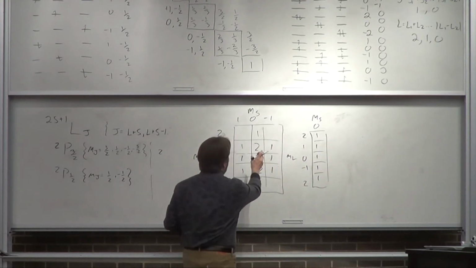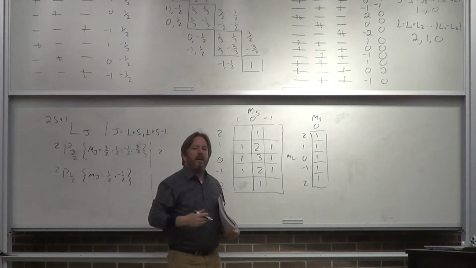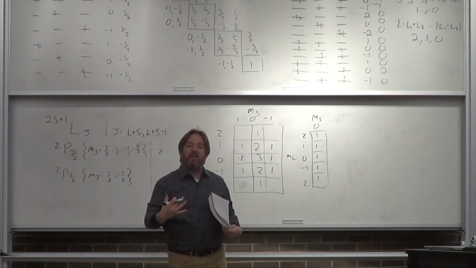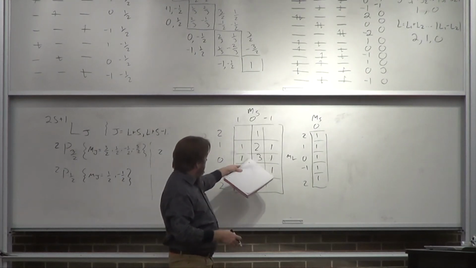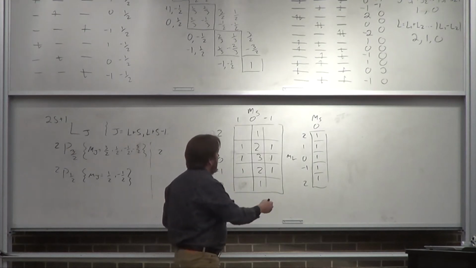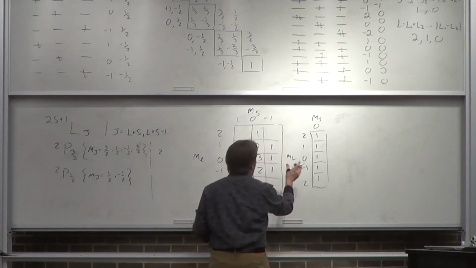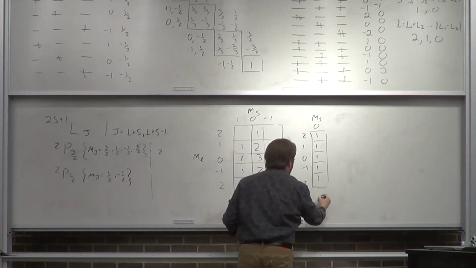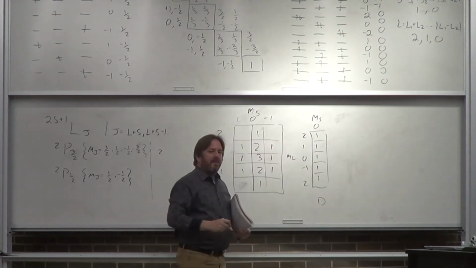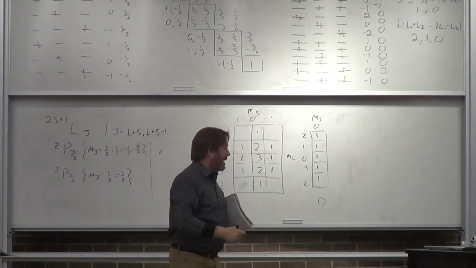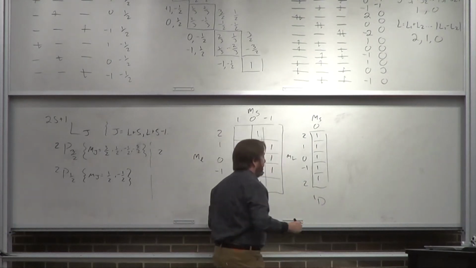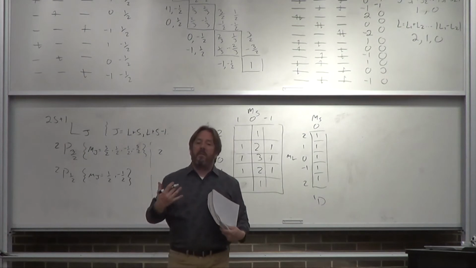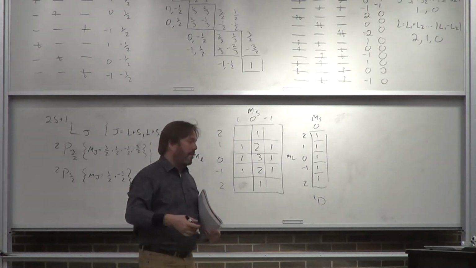okay, so I'm going to rip one unit of membership out of the central column here. Okay, so I'm looking at this, so I'm subtracting, from this I'm subtracting that, and this is clearly a D state. Now the M sub S is 0, so that means it has to be a singlet. Right? If it was a triplet, I should have an M sub S of 1 and minus 1 including 0, but I don't.